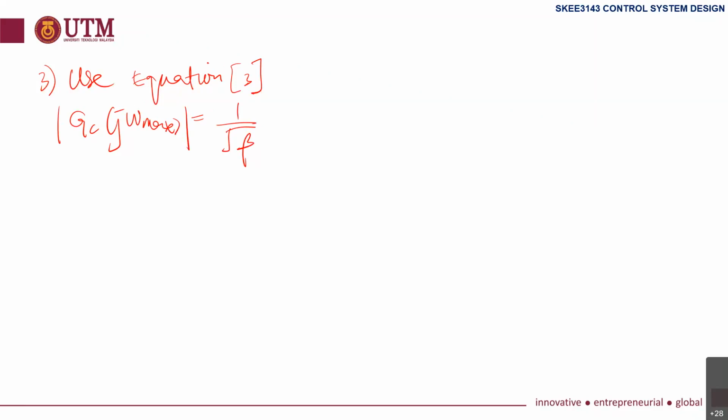Equation 3 is the magnitude at omega maximum. We know beta, so we can just substitute those values.